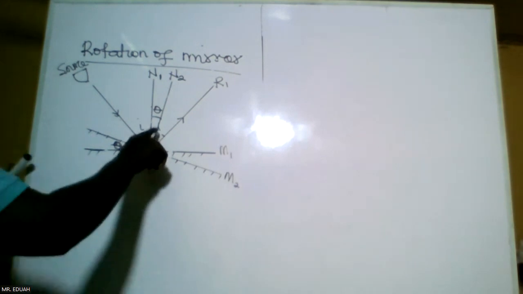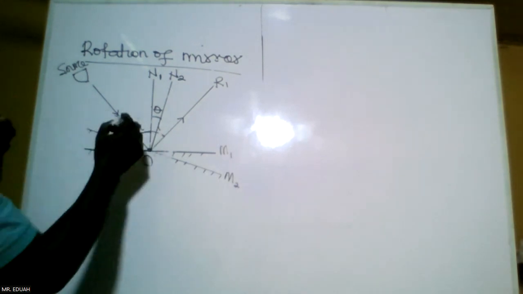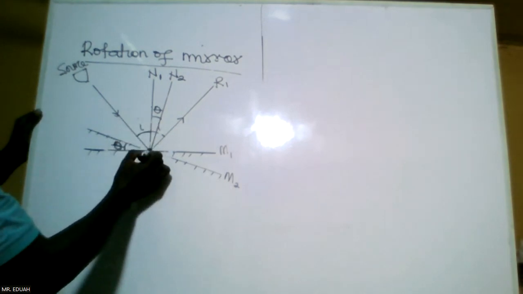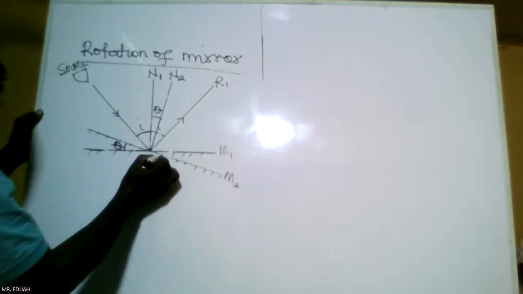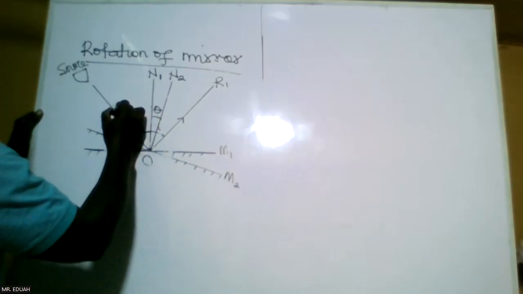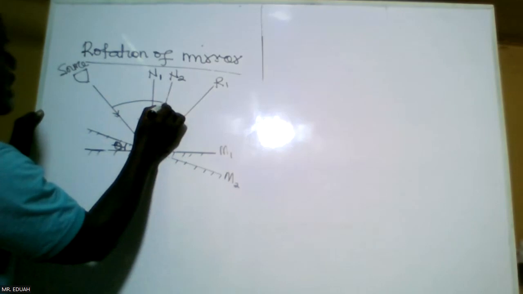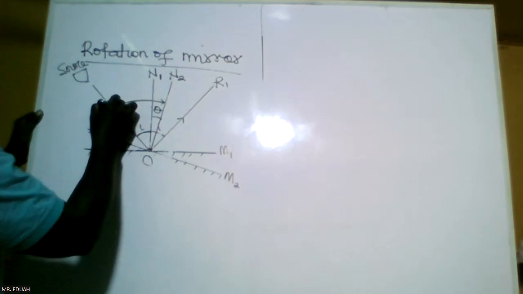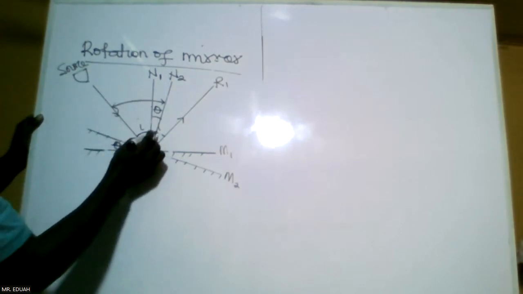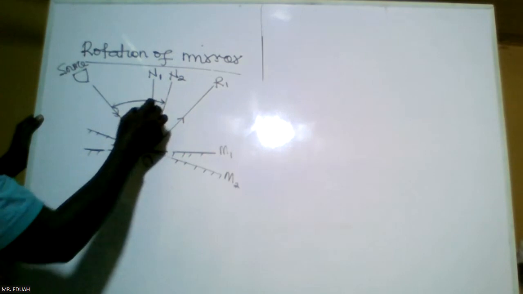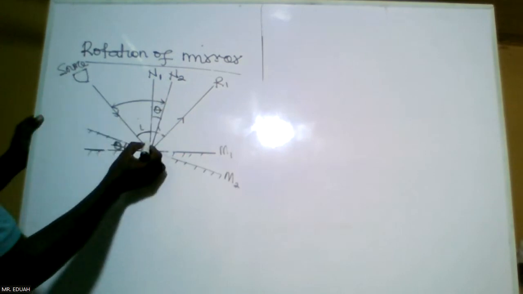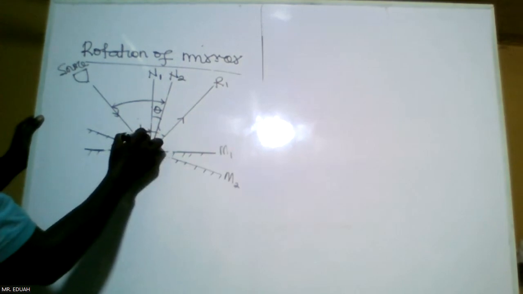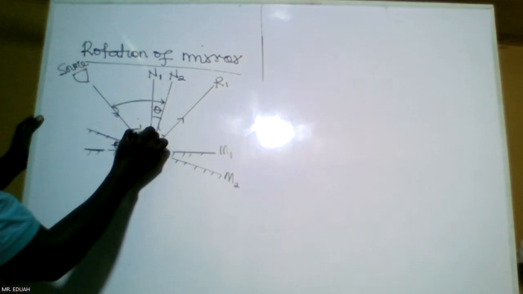Once there is a new normal, with respect to the second mirror position, this becomes the angle of incidence with respect to the second normal. I is the incident ray to N1.